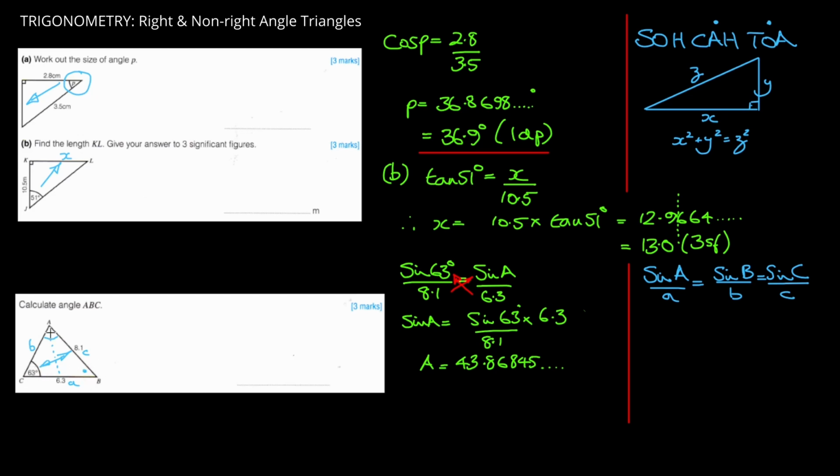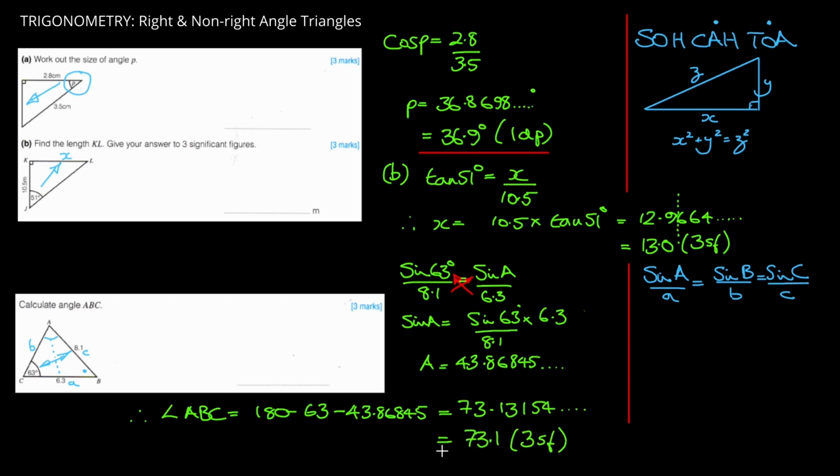We need to calculate the angle that we want, which is ABC. So therefore, angle ABC is equal to 180 degrees minus 63 minus our angle A up here, and this turns out to be 73.13154, which, if like the previous question we quote to three significant figures, we get 73.1, and that is your answer.